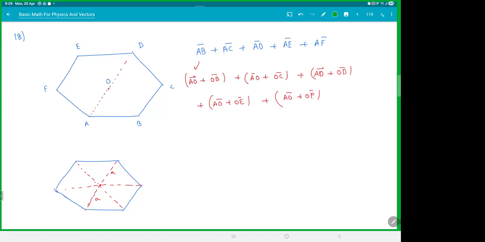And now you notice something here. If you look at the vector OB bar, OB bar is like this. This is your OB bar. This is OE bar, it is like this. So both are opposite vectors. So OB vector and OE vector will cancel. Make sense? OB and OE are opposite vectors or anti-parallel vectors.